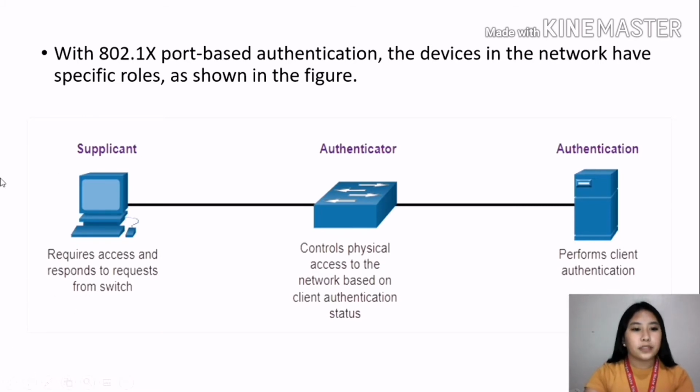On the left is the supplicant, in this case a desktop, which requires access and responds to requests from a switch. The supplicant is connected to the authenticator, in this case a switch, which controls physical access to the network based on client authentication status.